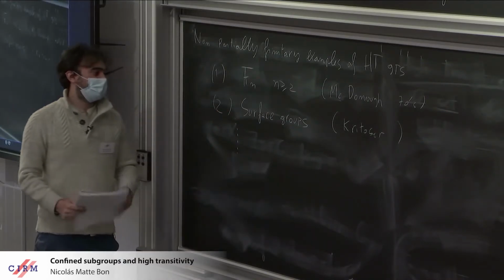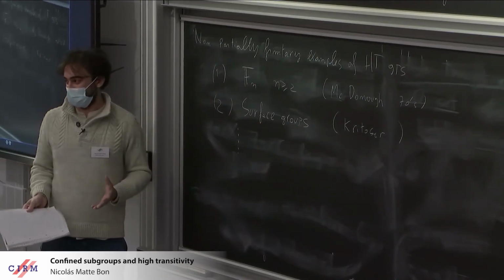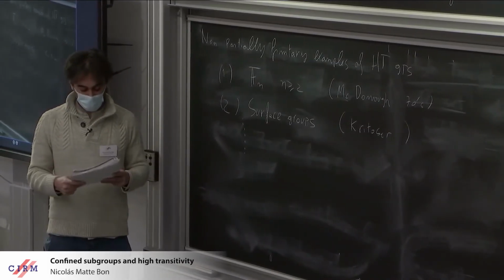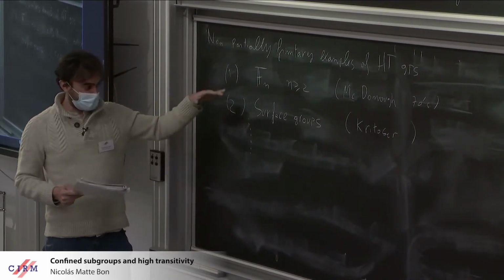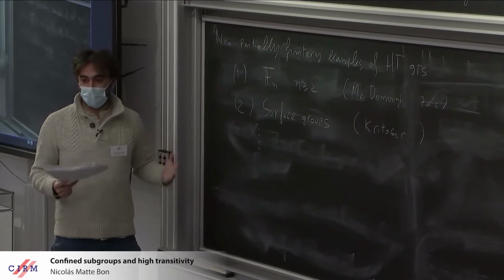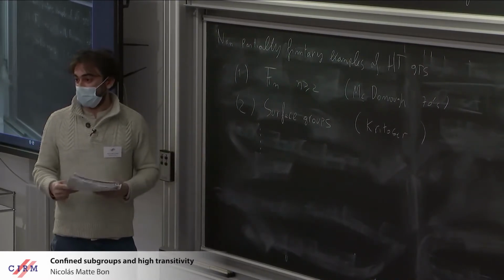The point is that surface groups share with free groups the fact of being hyperbolic groups. So this is also true for hyperbolic groups. It was generalized later by Chaynikov. And there were a lot of results for groups with hyperbolic properties establishing the existence of a faithful, highly transitive action.